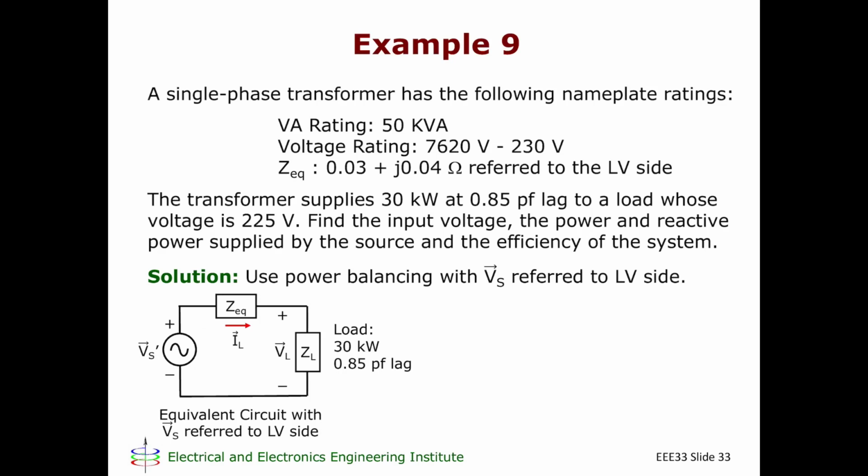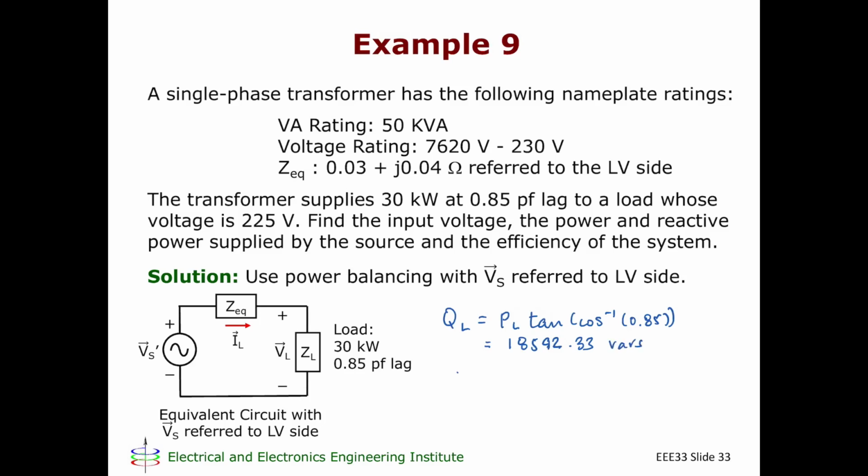From the load power triangle, you have Q of load is equal to P_L times tangent of arccosine of 0.85, which will give me 18592.33 vars.